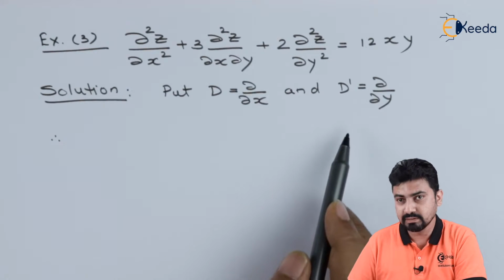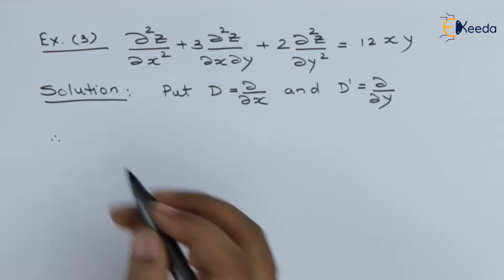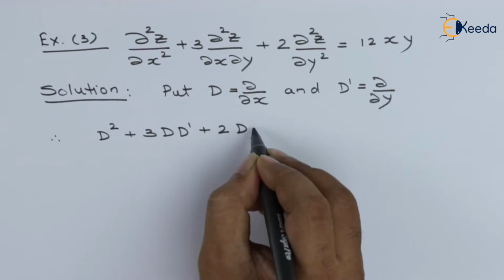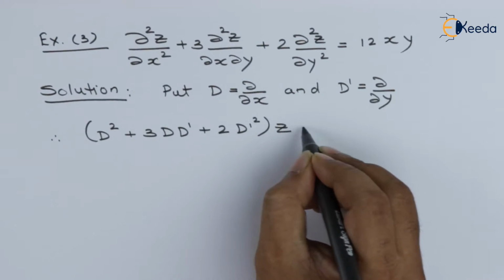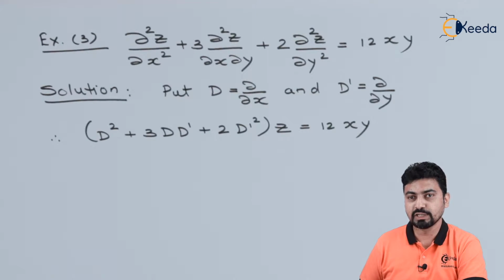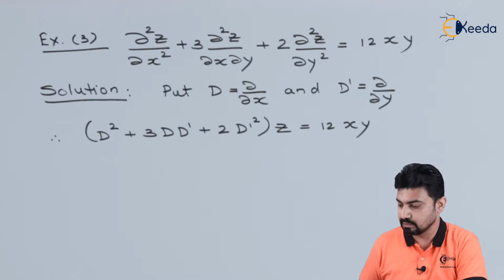We'll substitute this. What do we get on the left hand side? So this is our partial differential equation in terms of D and D dash.